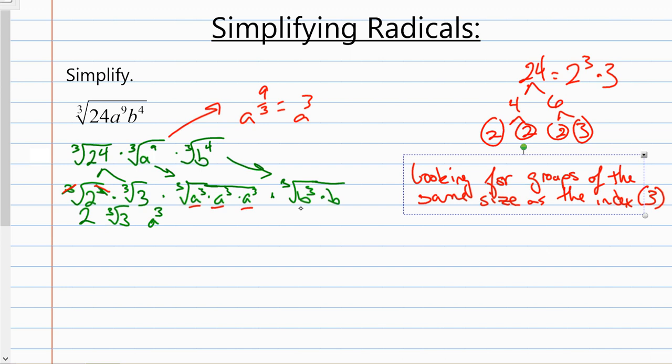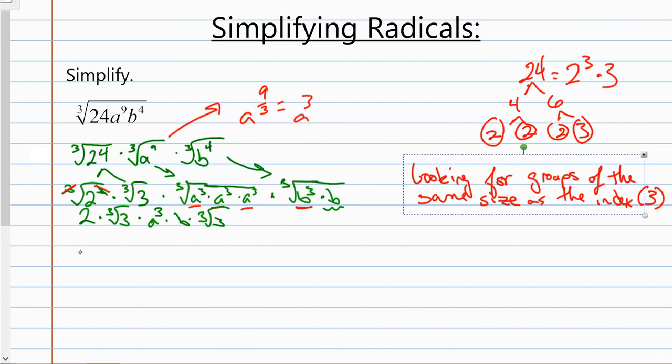And then for my b cubed, this piece will leave the radical, leaving me with a b, but this lonely b here has to stay inside the radical. So I have several different chunks here, and now we're going to write them together in a standard form.